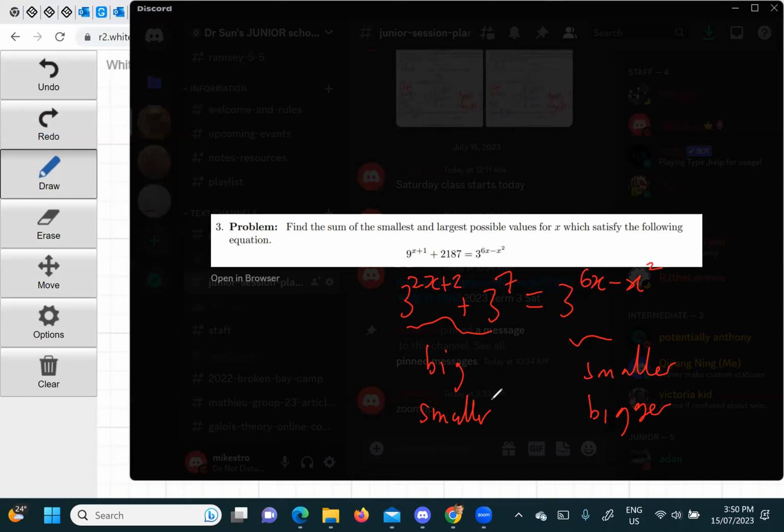But you could substitute another value of x. Maybe, let's see, what other value of x could you substitute? So at the moment, this is bigger, this is smaller.